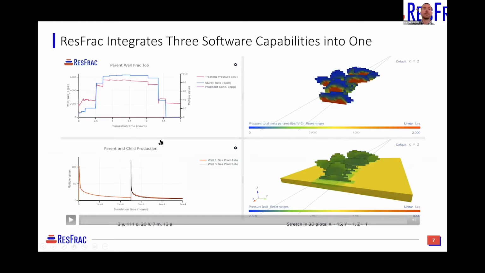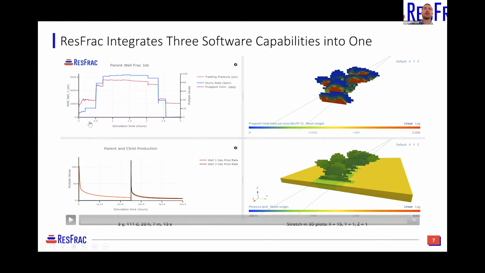As a demonstration, I'm going to show a video of a simulation that is a parent-child simulation. The left-hand well in this image is the parent well, and the right-hand well is a child well. The order of operations will be to frac the parent well and produce for 3 years, then shut in the parent well, frac the offsetting child well, and then bring both wells back onto production.